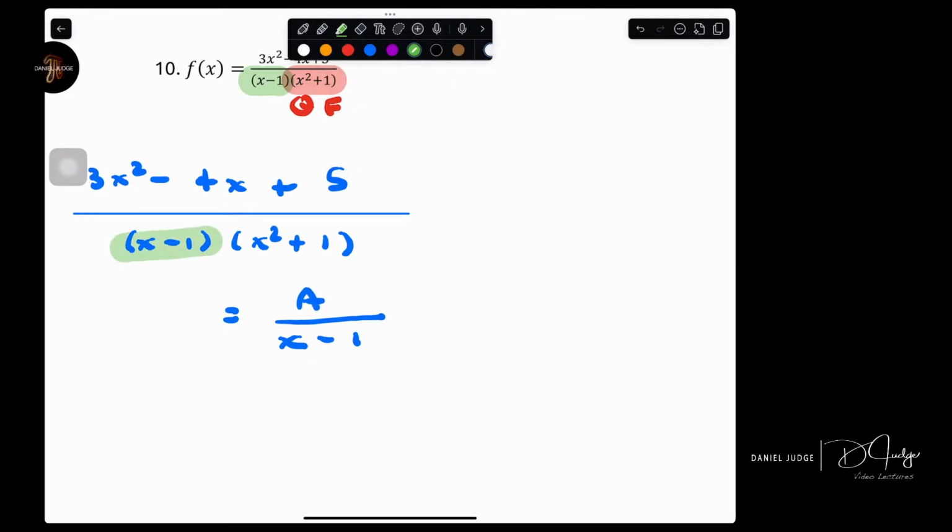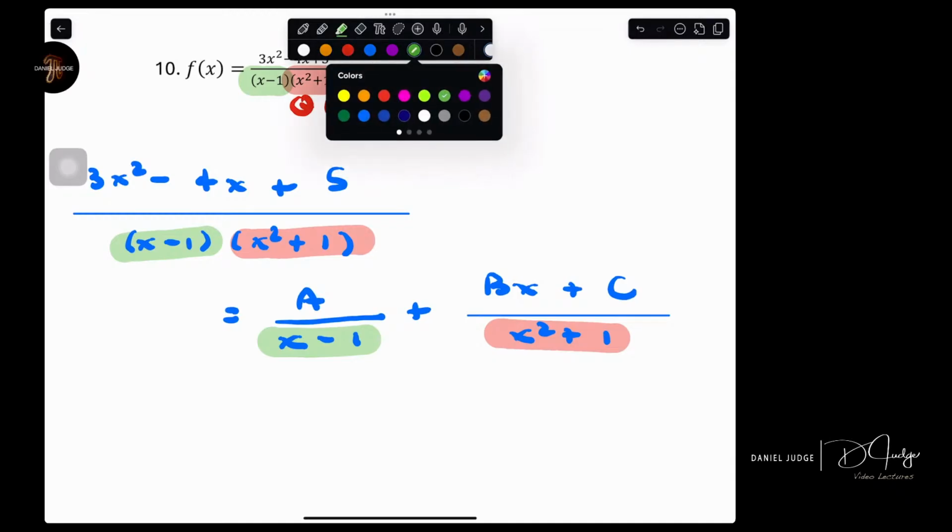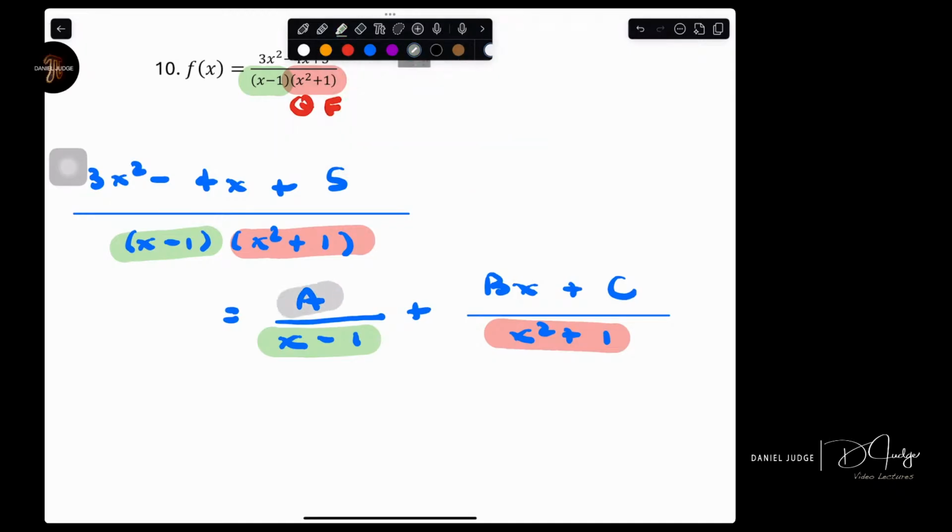So there's our first linear factor. But now we have plus bx plus c for the quadratic factor. We've got to find the coefficients a, b, and c.